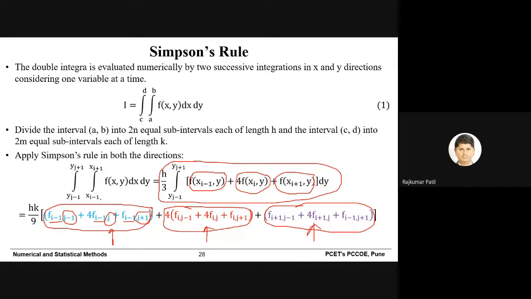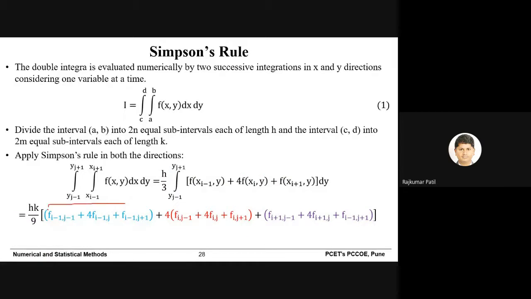So at the overall level you can correlate with Simpson's rule, and at the individual part level also you can correlate with Simpson's rule. Outside the bracket you can see here it was h by 3, now it is hk by 9, which is nothing but h by 3 multiplied by k by 3. So therefore the answer will become hk by 9.